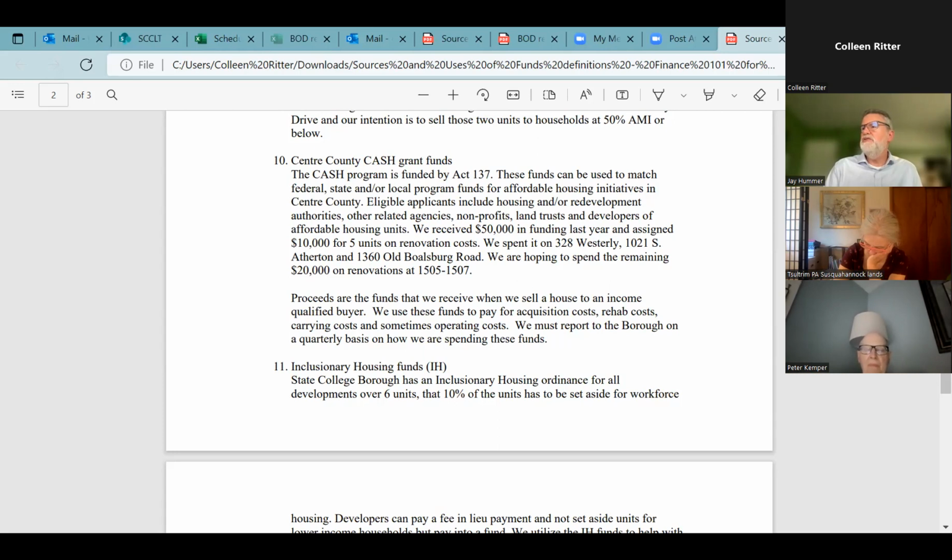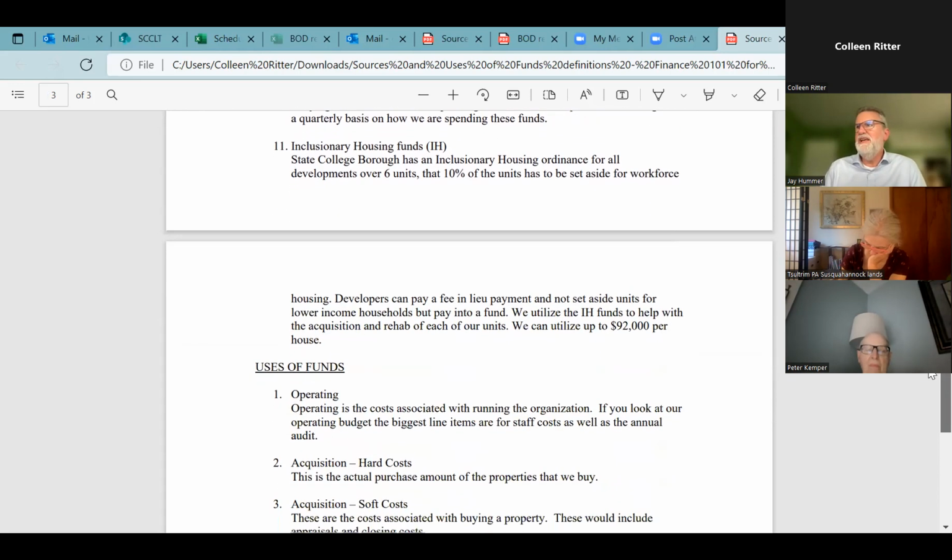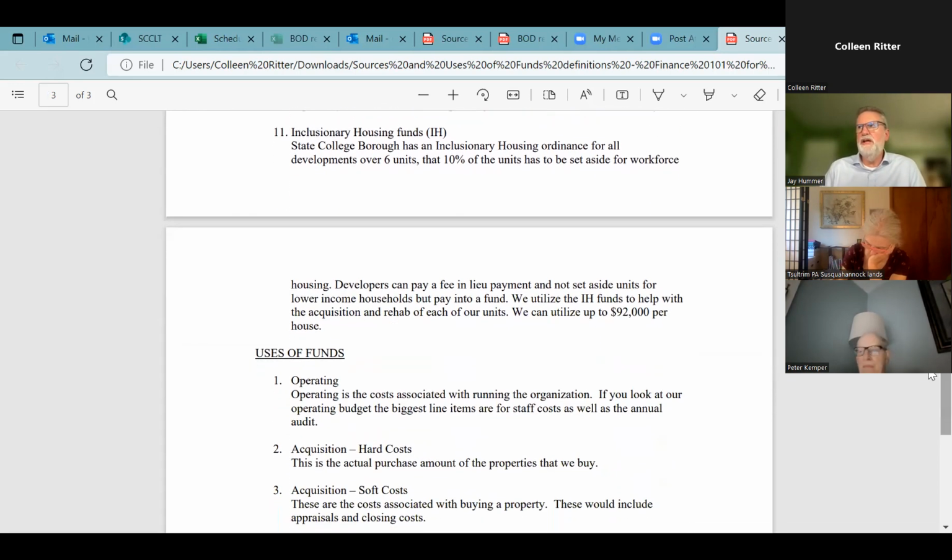And inclusionary housing funds. That's become a regular source of funding because there's so much development going on. In the borough, if you want to build your new high-rise downtown, the borough makes the developer factor in some low to moderate income housing capacity or address it in some manner.